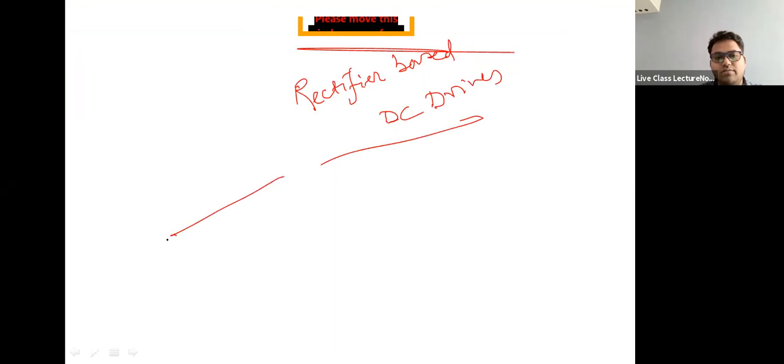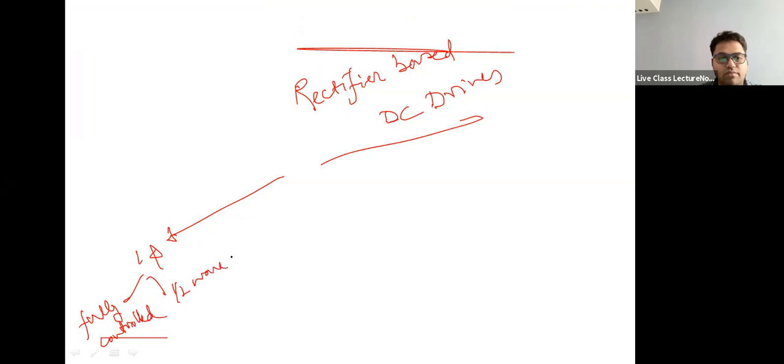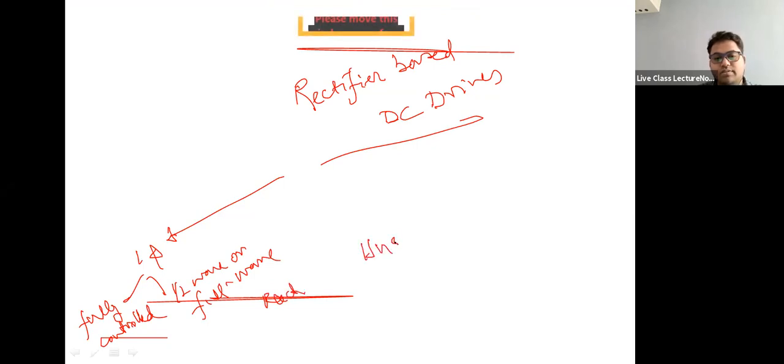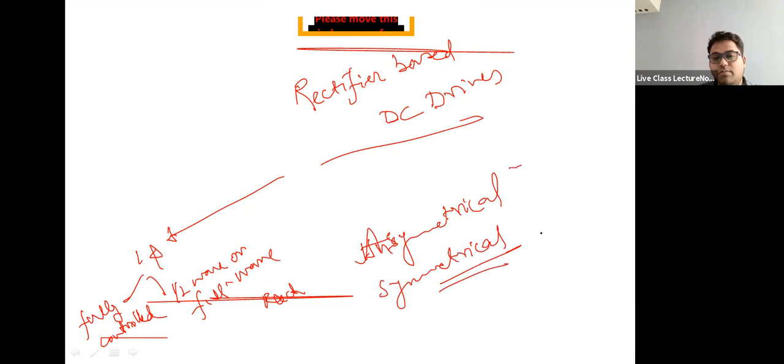For that, we went to single phase, whereby we had fully controlled half wave or full wave rectifiers. Out of that, we had some asymmetrical circuits, then symmetrical ones also, right? Now, all these are over. And single phase and three phase was also there.